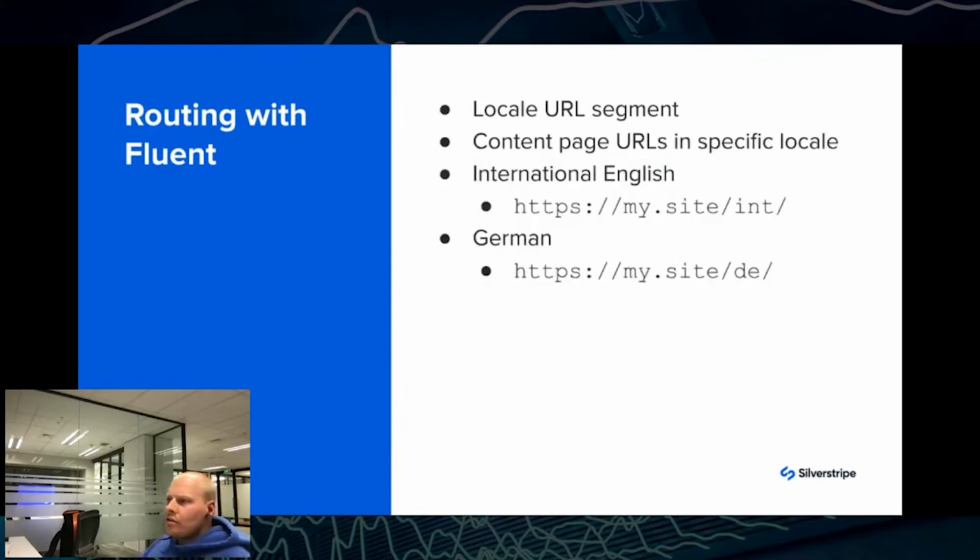The locale URL segment will impact how the URLs of your content pages look in various locales. The locale URL segment is the first one after the base URL. So in this example, you can see there is the international English URL, where the last part is /int. And there is one for the German locale as well, that's /de.